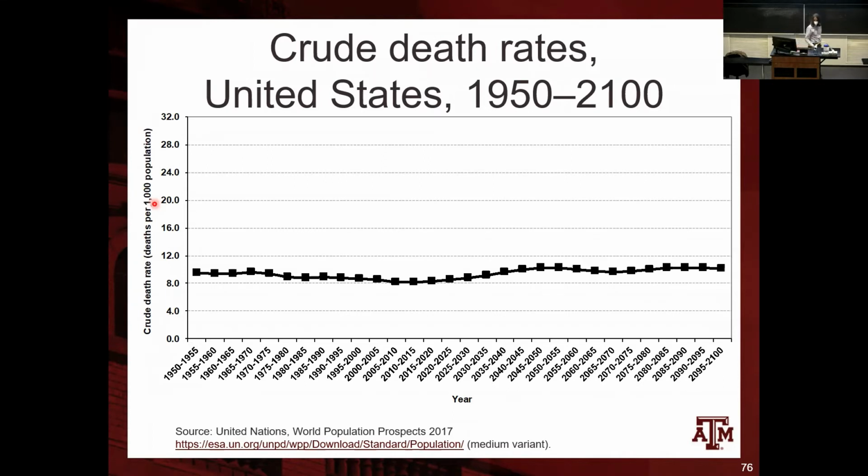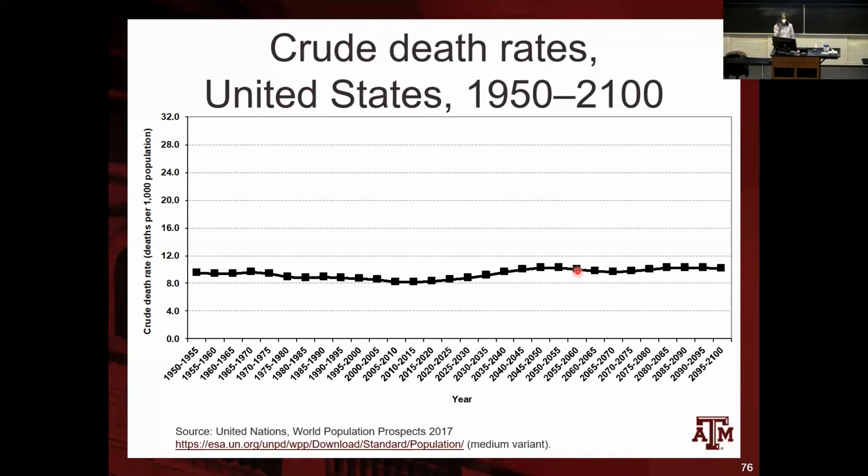The crude death rates oscillate between 8 per 1,000 and, let's say, 11.5 per 1,000. It's expected to increase a little bit in the next decades, exactly because we have an older population. As we have an older population, more people will die as they reach older ages.